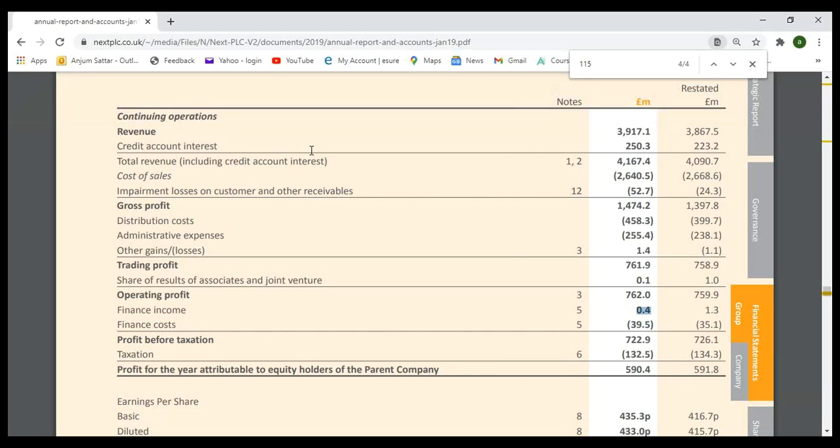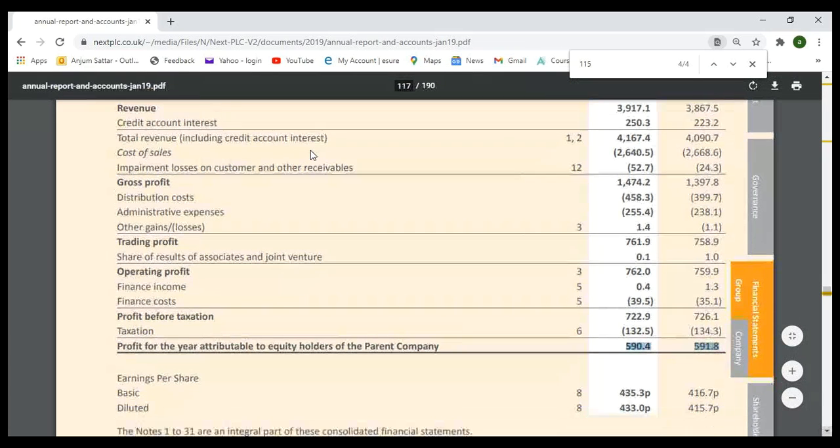This is finance income. It means maybe we have invested our money in savings accounts and we have other income. That's the finance income. If we borrow money, we pay interest, that's called finance cost. Then we have how much tax we paid. After tax, we have a profit. This profit we can give to the shareholders, but normally we're not giving all the profit.